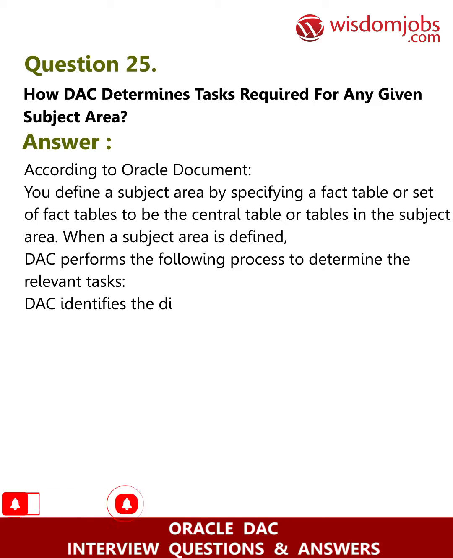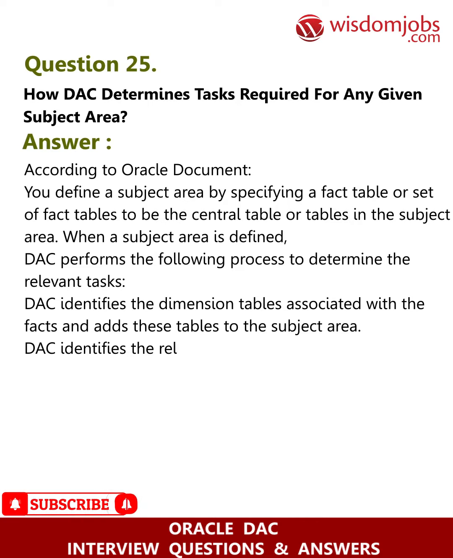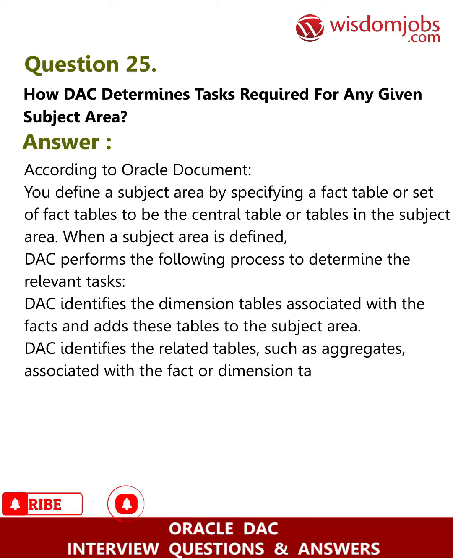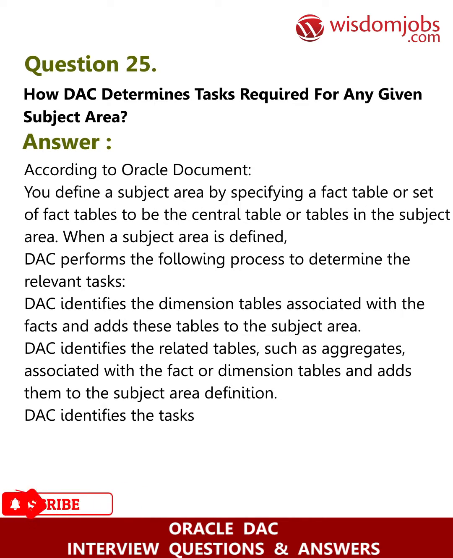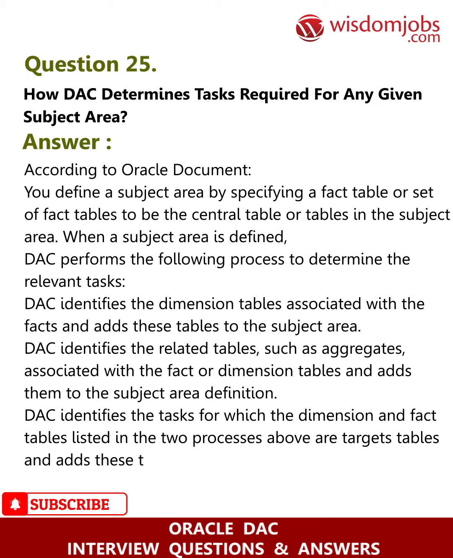DAC identifies the dimension tables associated with the facts and adds these tables to the subject area. DAC identifies the related tables such as aggregates associated with the fact or dimension tables and adds them to the subject area definition. DAC identifies the tasks for which the dimension and fact tables listed in the two processes above are target tables and adds these tasks into the subject area.